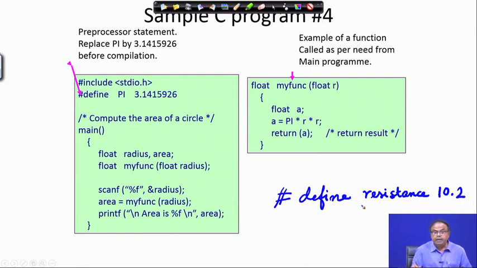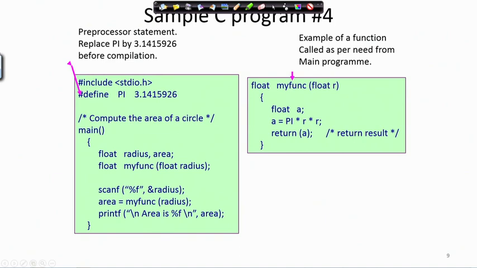That means, in my program, wherever I get this variable name resistance, that will be replaced by this constant value 10.2 even before the program is compiled. That is the first new thing that we saw.